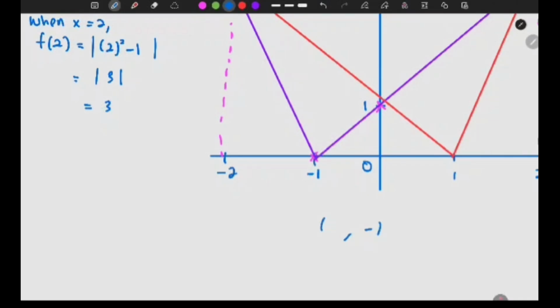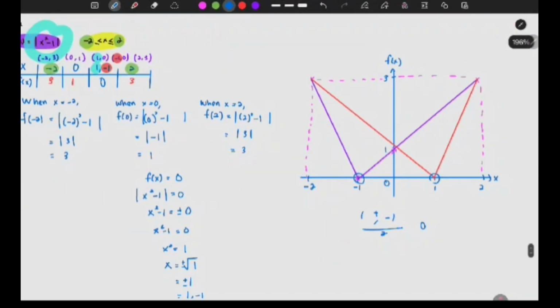So you have to add the both and divide by 2. So in this case, you will get a 0, which is somewhere at the middle. In this case, you'll get somewhere at the middle because this is how your graph will look.